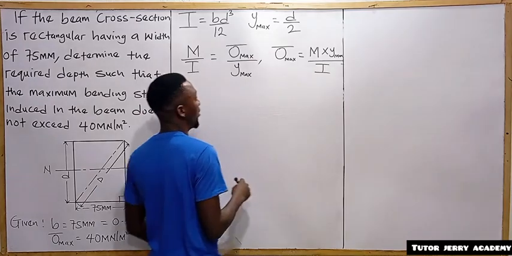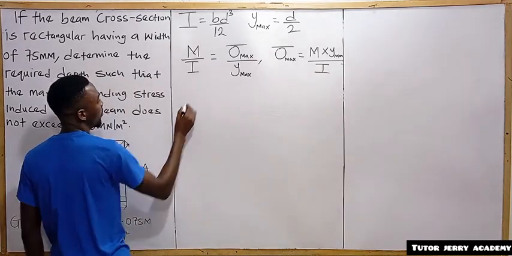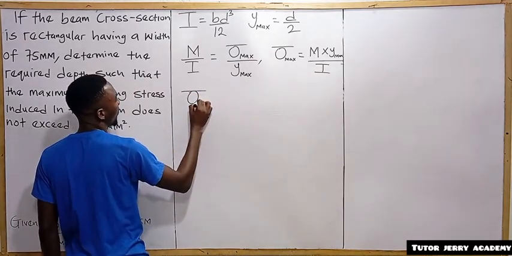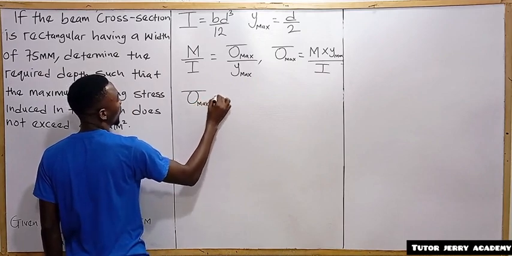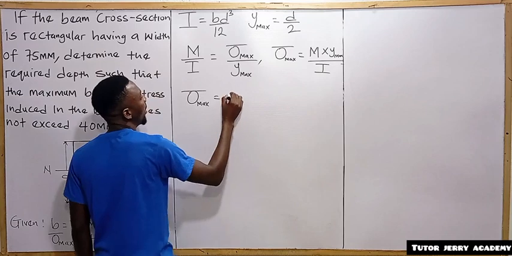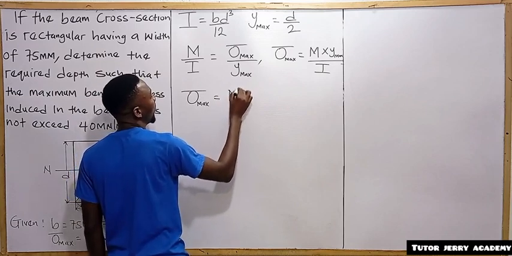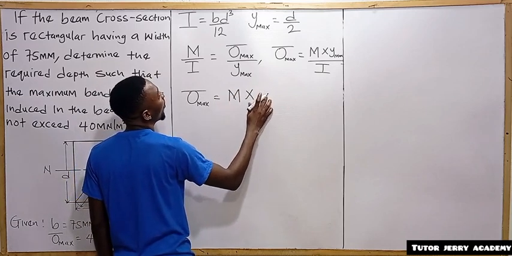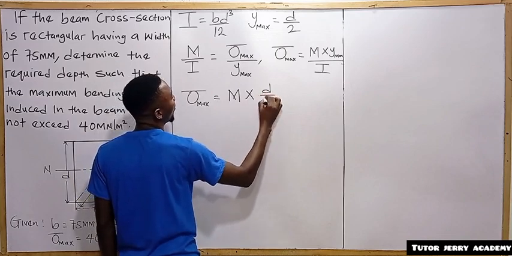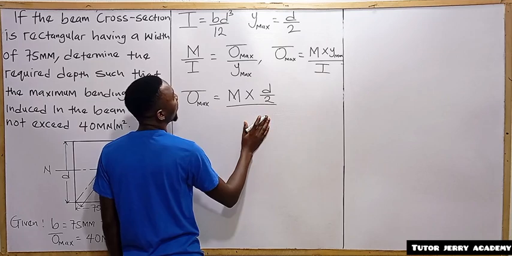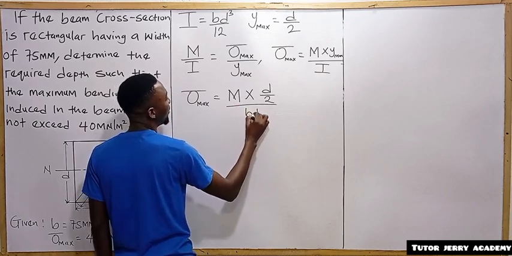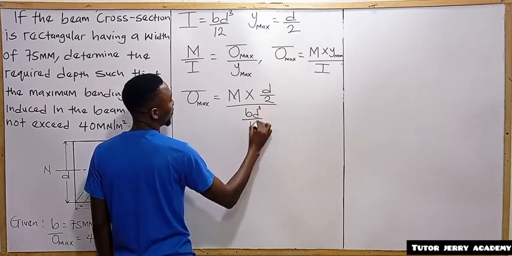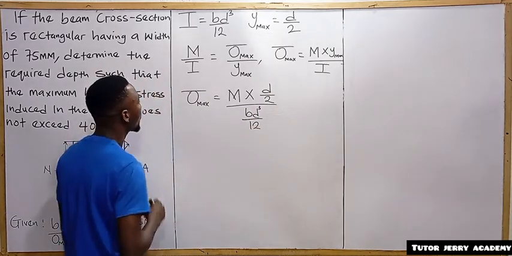Alright, so we can substitute now. So we are going to have our maximum stress, which will be equal to M multiplied by our y max, which is d over 2, divided by what? Divided by bd cubed all over 12.